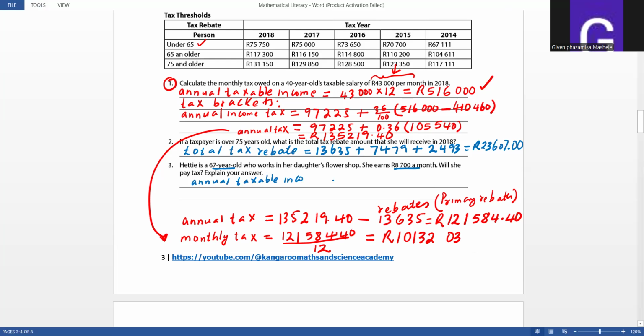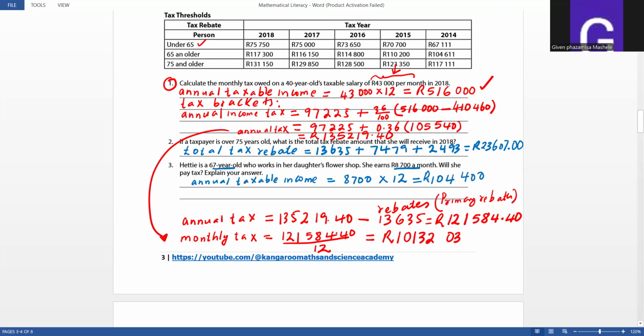So the annual income will be 8,700 multiplied by 12. This will give us 104,400 rand. This is the annual income.